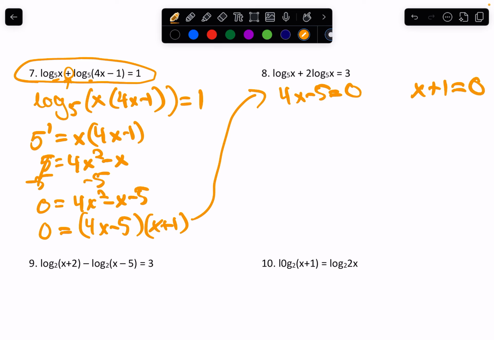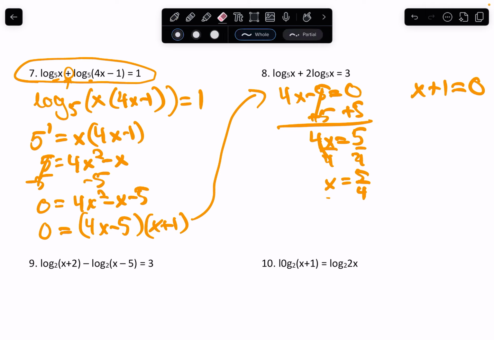So we add 5. 4x equals 5, divide by 4, x equals 5 fourths. And then for the other, we are subtracting 1, so x equals negative 1.